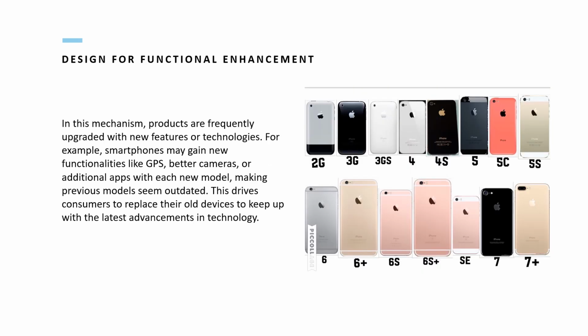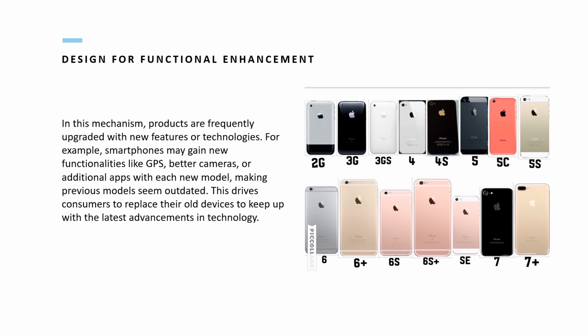The second subcategory is design for functional enhancement. In this mechanism, products are frequently upgraded with new features or technologies. For example, smartphones may gain new functionalities like GPS, better cameras, or additional apps with each new model, making the previous model seem outdated. This drives consumers to replace their old device to keep up with the latest advancements in technology.